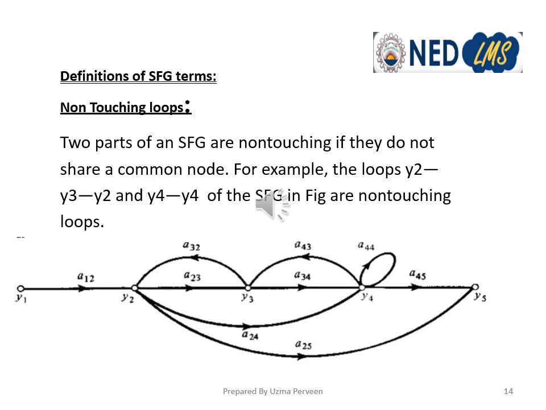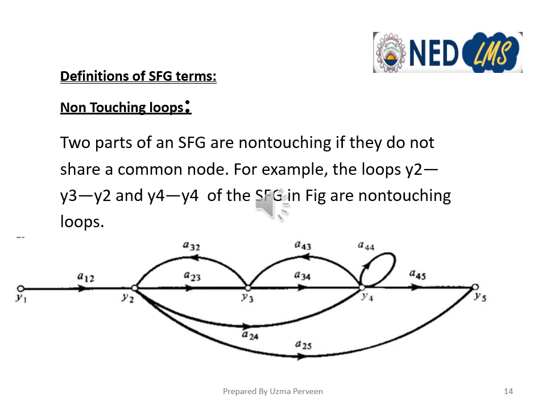That's why these are called non-touching loops. If we consider Y2 to Y3, Y3 to Y2, this loop, and Y3 to Y4 and then back from Y4 to Y3, another loop, these two loops are touching because they share a common node Y3. So the loop Y2 to Y3, Y3 to Y2 and the loop at Y4 are a set of two non-touching loops.